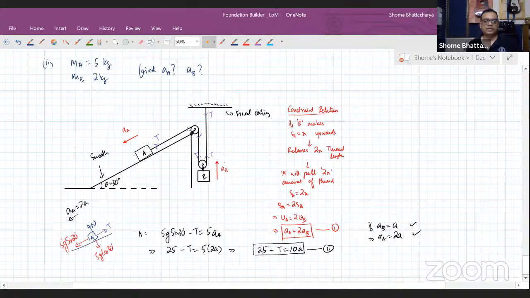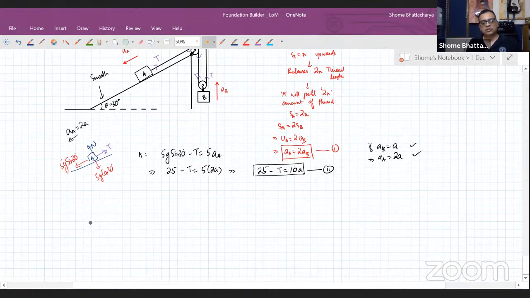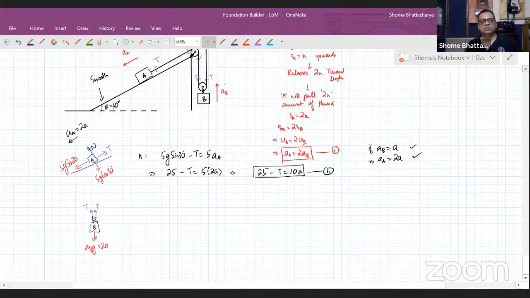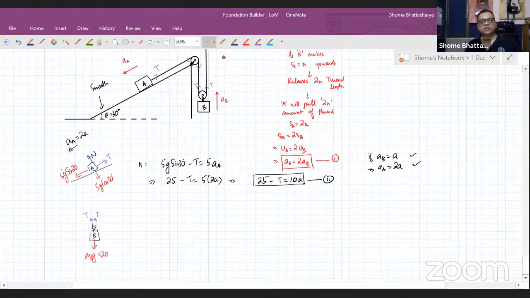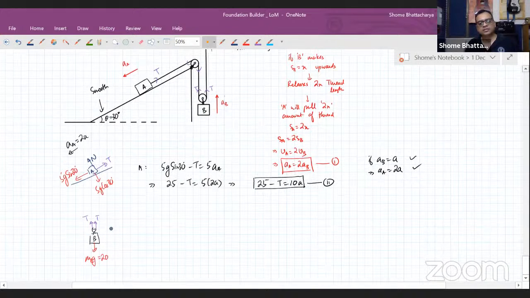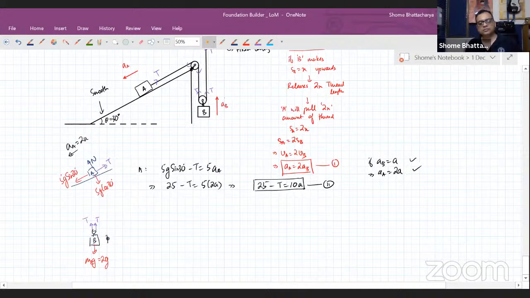Okay. And now likewise for B, remember B has the pulley attached to it. So there are the two tensions acting on it. And its weight is 20 newtons. Its mass is 2 kg. 2g, we can write it like this. Okay. And it has an upward acceleration equal to a.